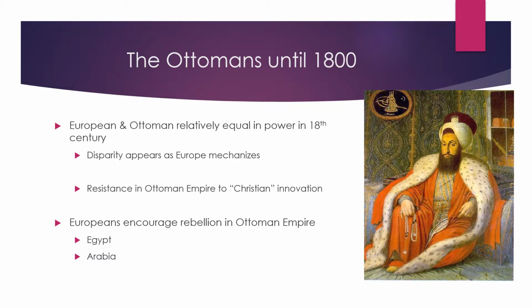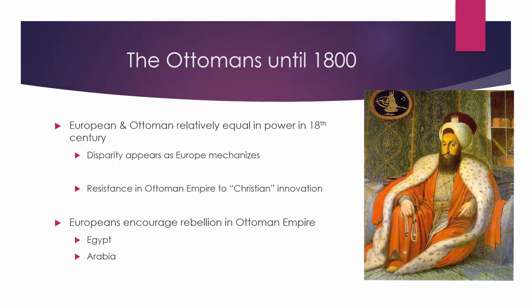The disparity becomes accelerated as more and more of Europe becomes mechanized. There's a resistance within the Ottoman Empire, particularly against mechanization, because it is seen as some kind of Christian innovation that is anathema to a good Muslim society. Now, is this true? Absolutely not.